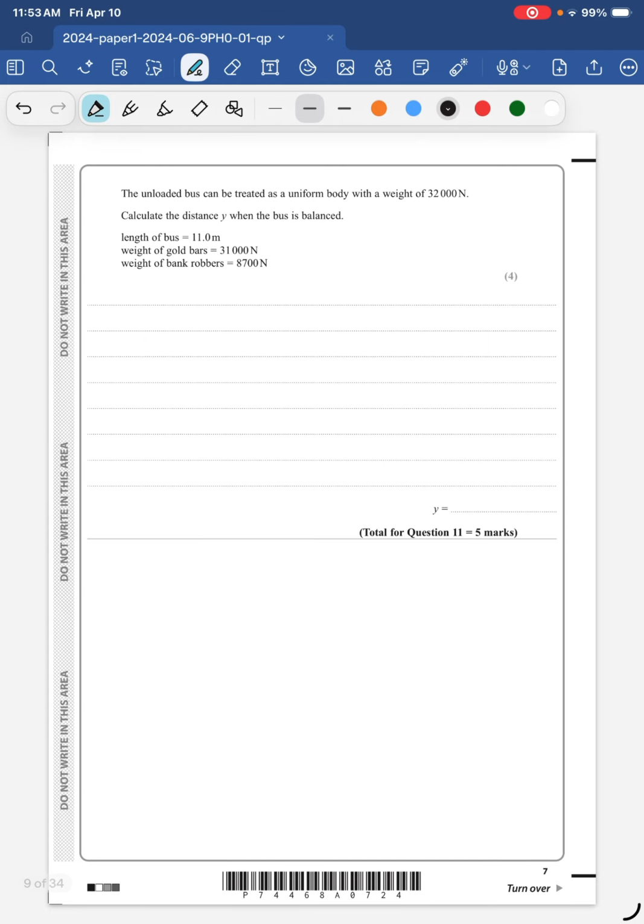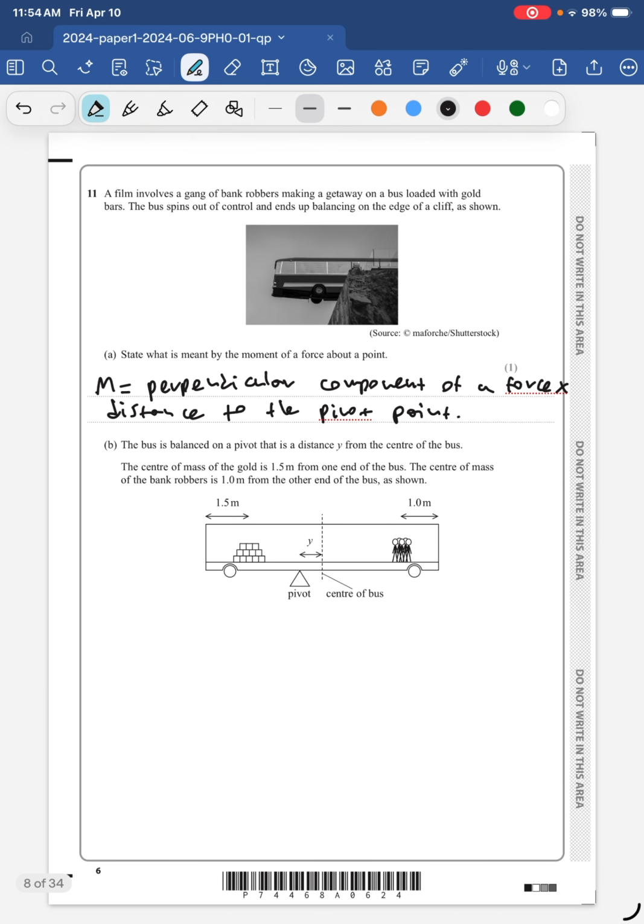So the unloaded bus can be treated as a uniform body with a weight of 32,000 newtons. Calculate the distance y when the bus is balanced. And they give us the length of the bus, the weight of the gold bars, and the weight of the bank robbers. So pretty much we will take moments about the pivot.